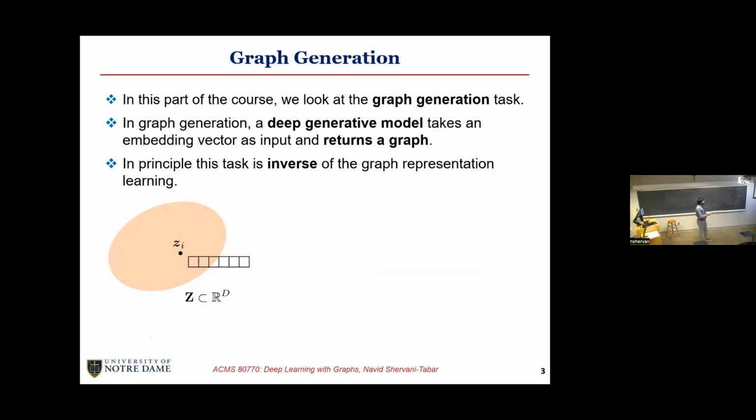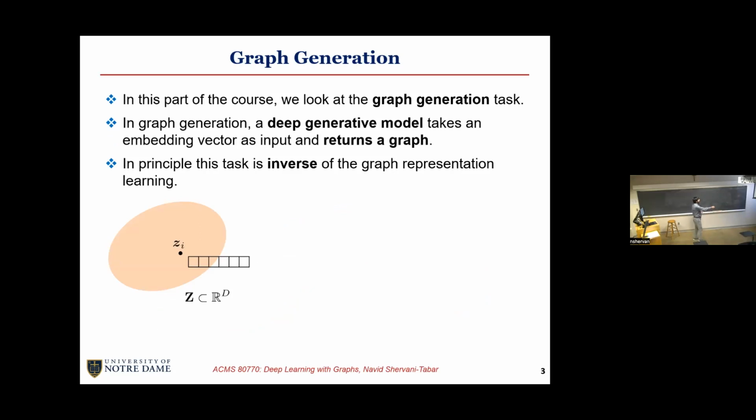So now we're going to look at a different type of task, which is in principle the inverse or mirror of representation learning. What we're going to look at is the graph generation task. In graph generation, we construct a deep neural network which takes as input some embedding vector corresponding to a graph, and we want to construct a graph with that.